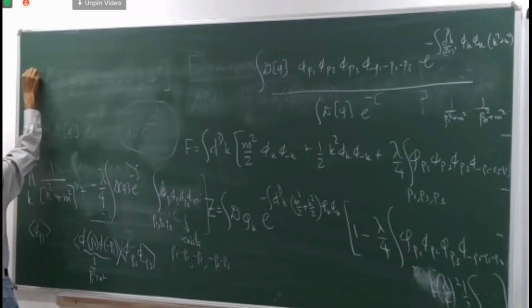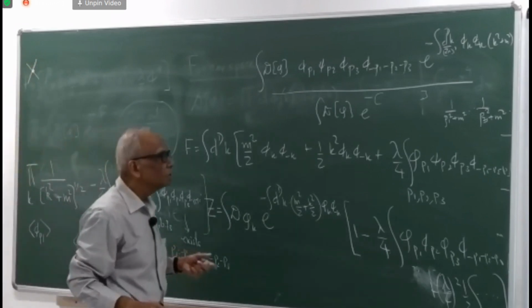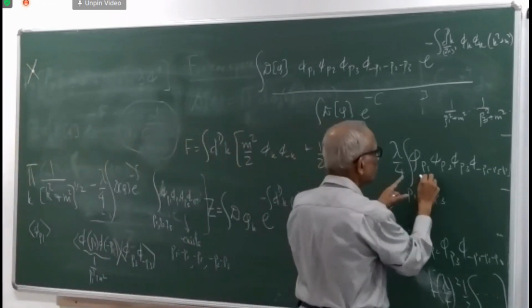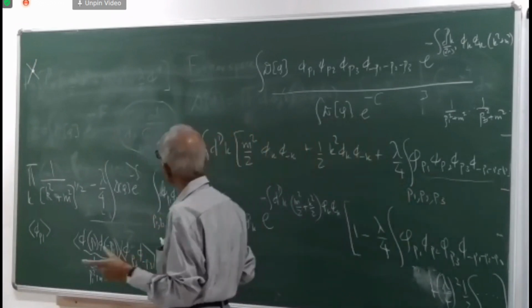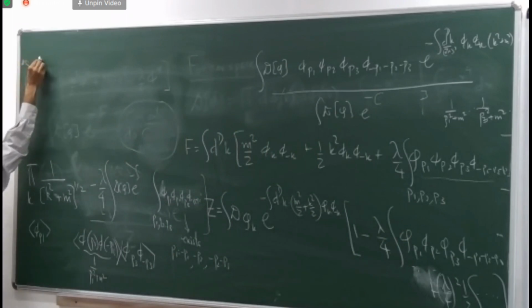This is a vertex, and there are 4 lines in the vertex because there are 4 phi's over here. Each line effectively is like a phi. So this is like phi p1, phi p2, phi p3, and phi minus p1 minus p2. So that I have a vertex.